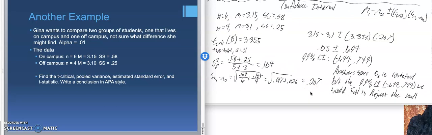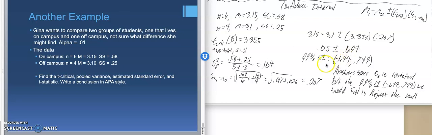Okay. So let's plug that in. We get t-critical, 3.355. Estimated standard error, 0.207. Mean difference, 3.15 minus 3.1 plus or minus the product of those. That gives us 0.05 plus or minus the product of these two, which is 0.694. It's not looking good.